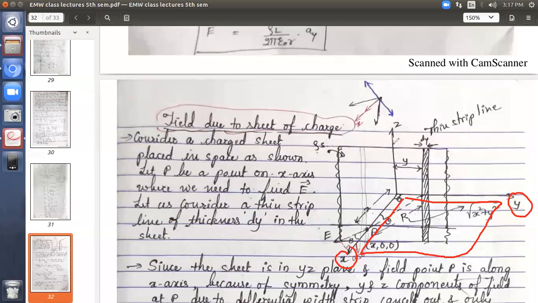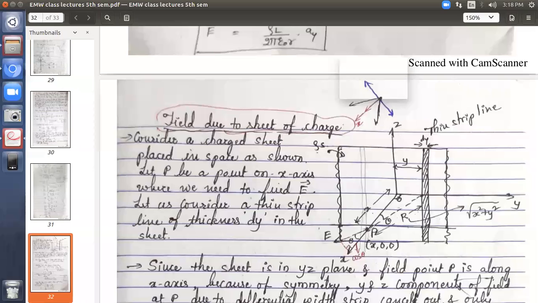In that case, the Z axis will have the observation point P. Always, whichever plane you keep the sheet in, the axis that remains will be your observation point. So let P be a point on the X axis.